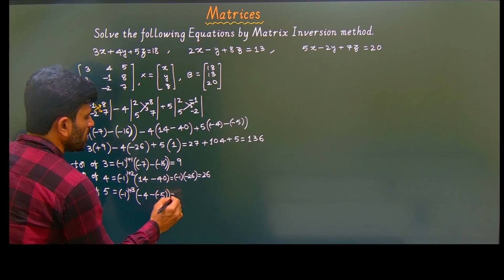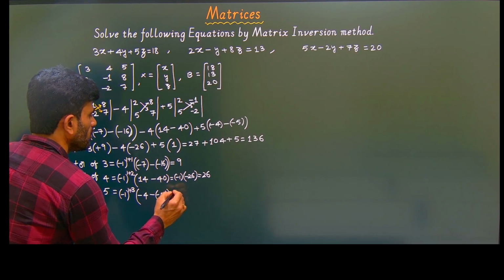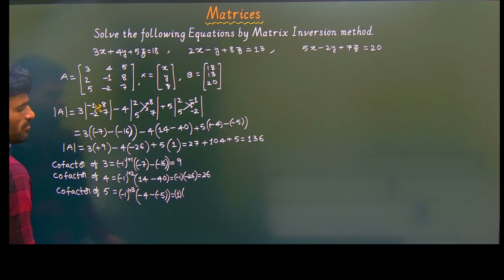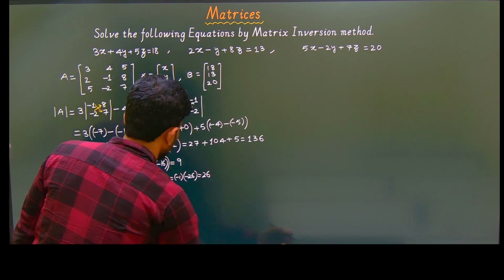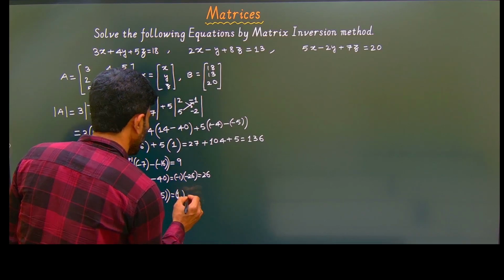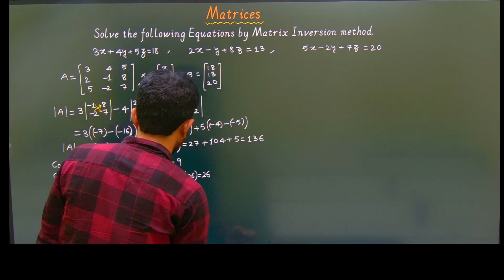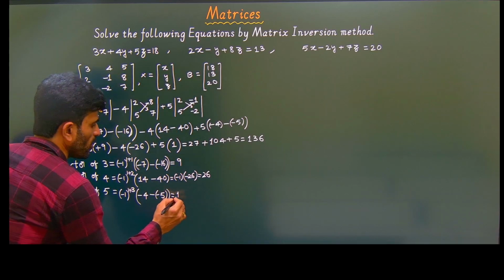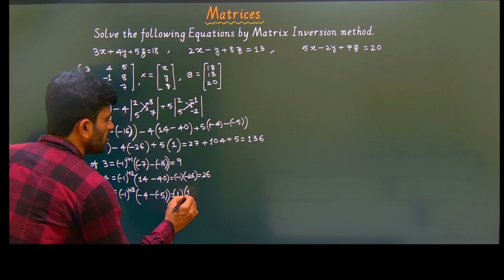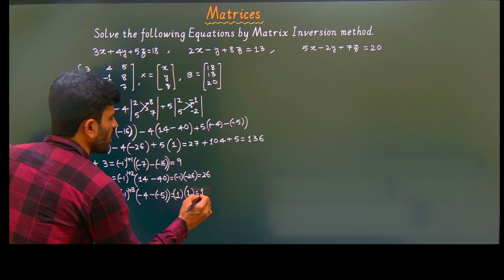So that is going to be minus 1 whole to the power of 4, which is plus 1, into minus 4 minus of minus 5, which is minus 4 plus 5, which is 1. So it is going to be 1 into 1, that is 1 into plus 1. Final result is again 1.